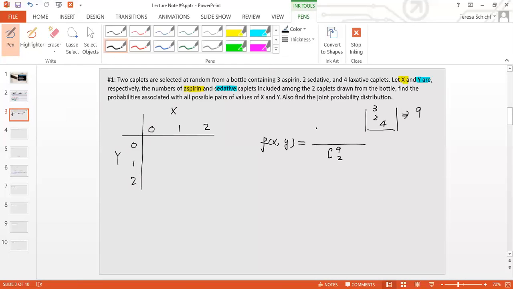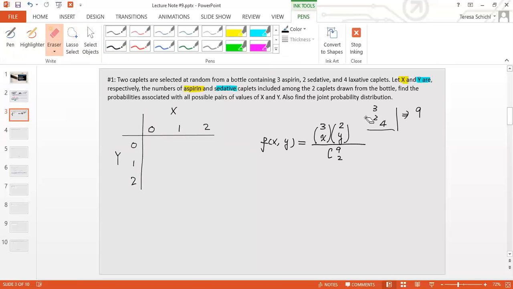Then the top: I only take from the aspirin. How many aspirin do I have? 3, so this is C of 3, take x. Then the sedative: how many sedative caplets do I have? I have 2, and I take y, correct?